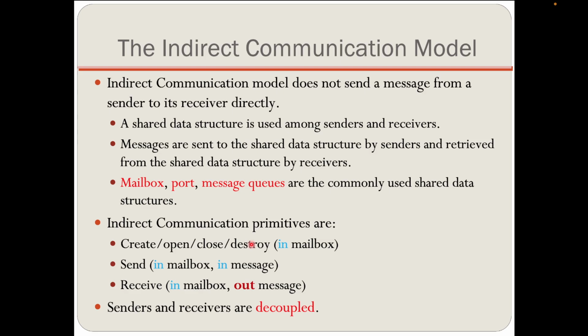For this kind of mailbox, the sender and receiver are decoupled not only in time, they are also decoupled in space, because they don't need to exist in the same timeline. The sender can just put something in and then continue to do other things, or maybe terminate. The receiver can later retrieve information from this mailbox. It's still possible.